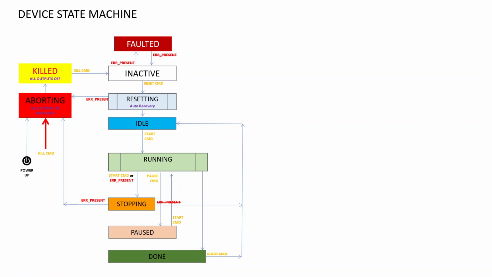And so we sit in this killed state until the kill command is released. So, for example, if our parent was killing us, we would go to this aborting step. We'd kill ourselves, kill our children, verify they were dead, then go to killed state. And then our parent would see, oh okay, the device is in its killed state. Then it would relinquish its kill command, and it would itself go to a killed state.